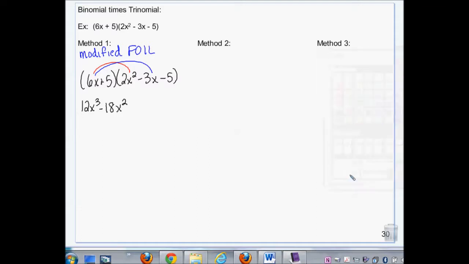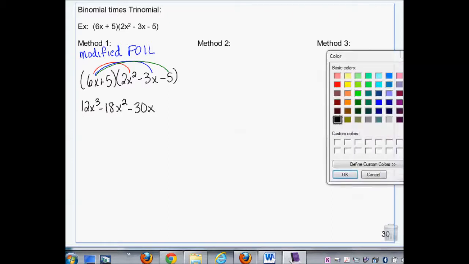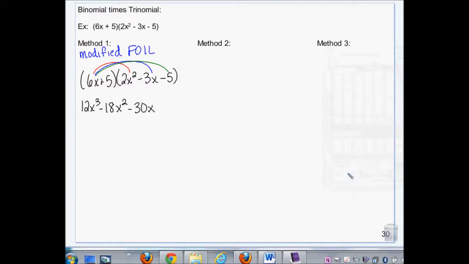Then I'm going to do 6x times negative 5, which is going to give me negative 30x. So I've done 6x times each of these.